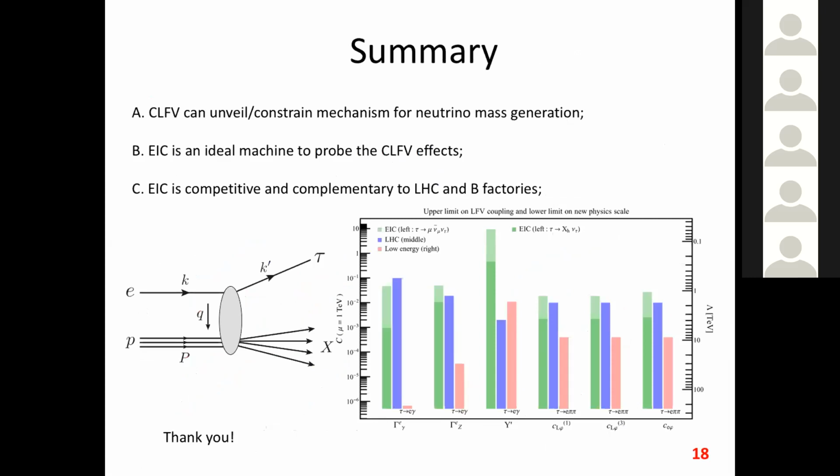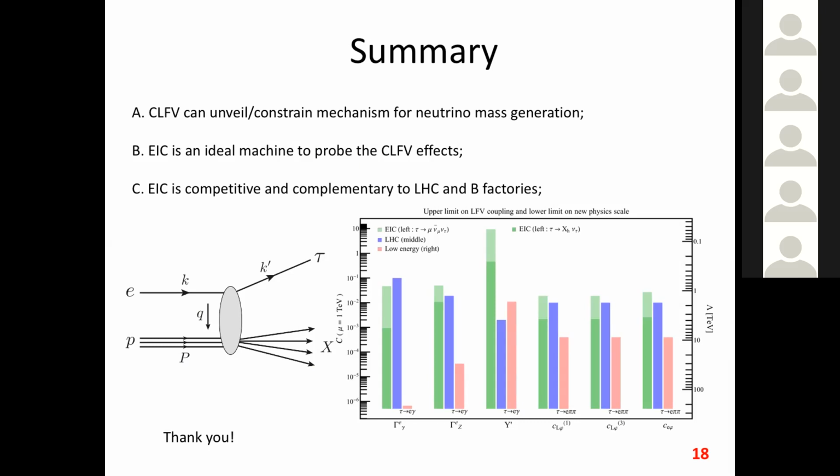Okay, next I just give some summary. In this talk, I discussed charged lepton flavor violation, and this is very important for us because it could relate to the neutrino mass. So precise studies may give some hint of the neutrino mass generation mechanism.